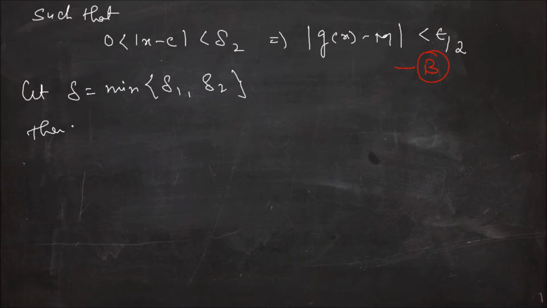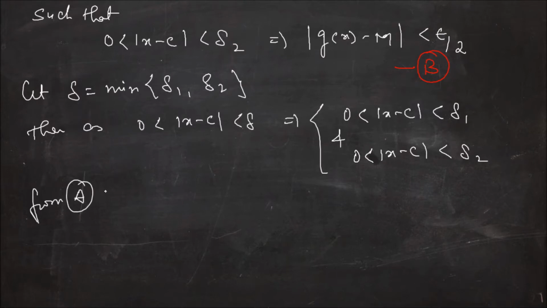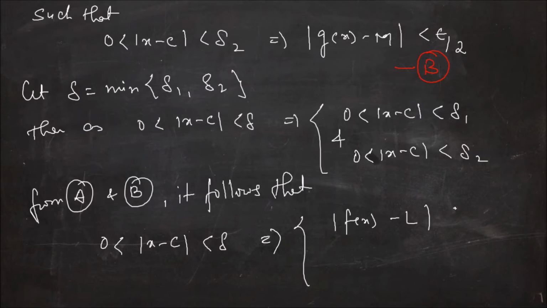As 0 less than mod x minus c less than delta implies 0 less than mod x minus c less than delta 1, and 0 less than mod x minus c less than delta 2, from A and B it follows that 0 less than mod x minus c less than delta implies mod f(x) minus L is less than epsilon by 2, and mod g(x) minus M is less than epsilon by 2.